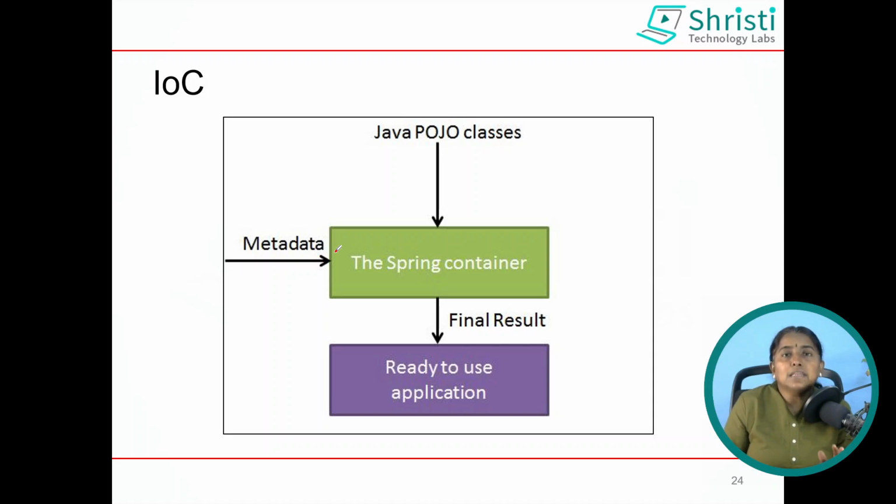The only thing that Spring is doing for you is creating the objects that are needed for your application. Nothing more than that. Okay. Going forward, when you are working with Spring Boot, we will be learning about the advanced configurations. Rather than you creating the object and injecting the dependencies, the IoC container is responsible for doing all this.